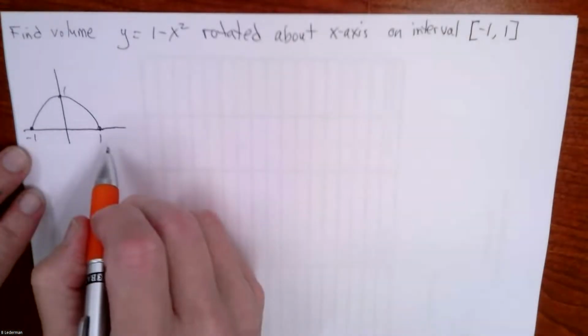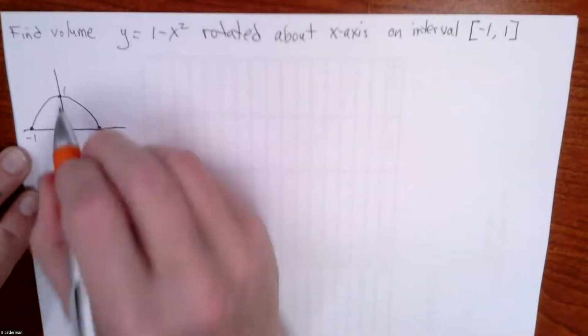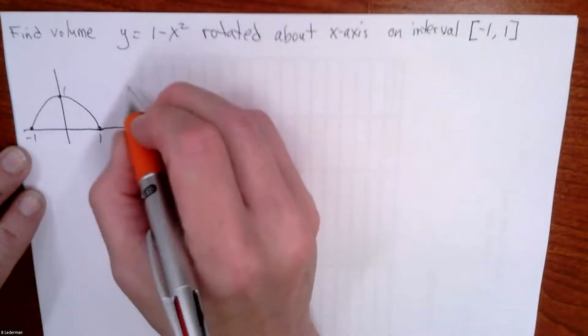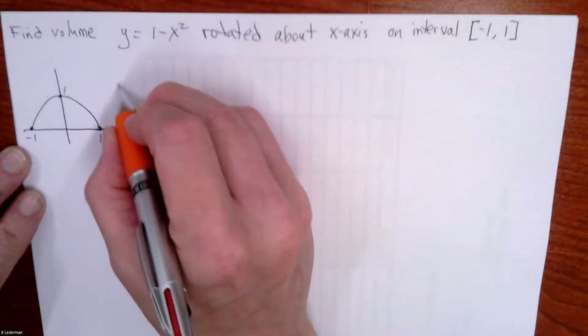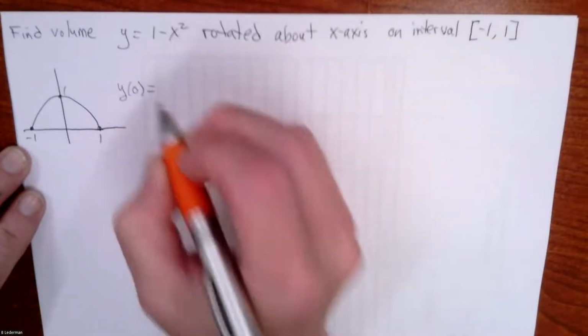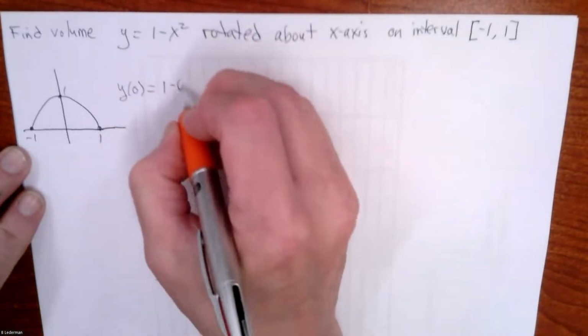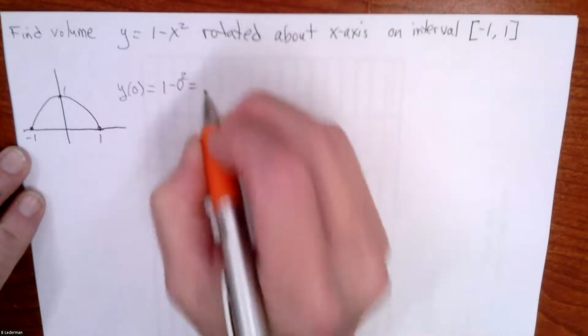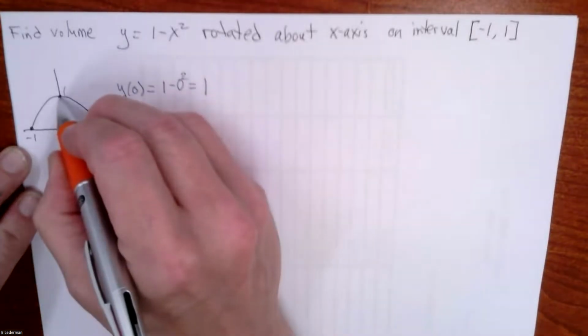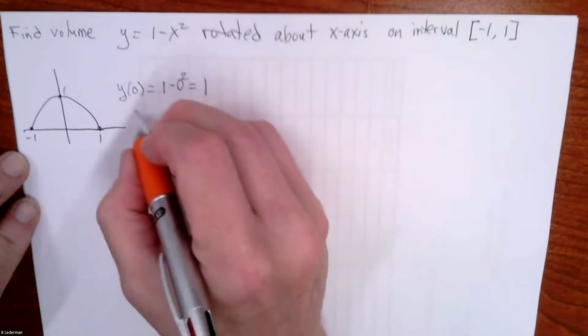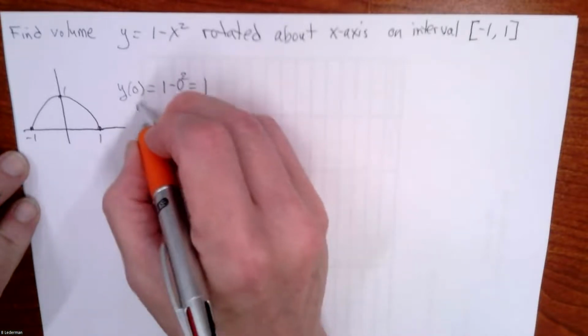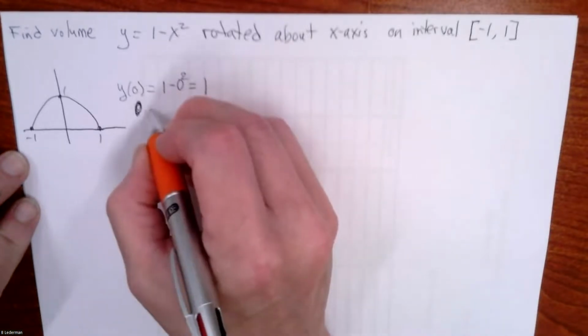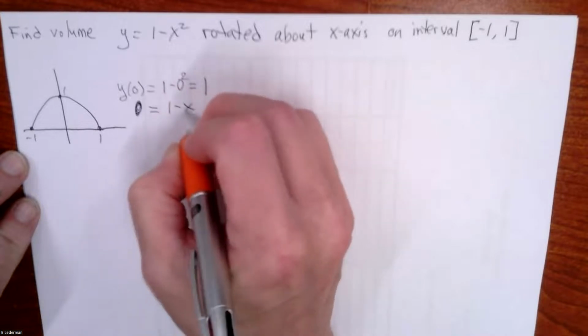First of all, how did I know all these numbers? To find the one up on top, the y-intercept, I plug in x equals 0. So y of 0 equals 1 minus 0 squared equals 1. So that's how I know the y-intercept is 1. For the x-intercept, I turn y into 0, and I solve for x.